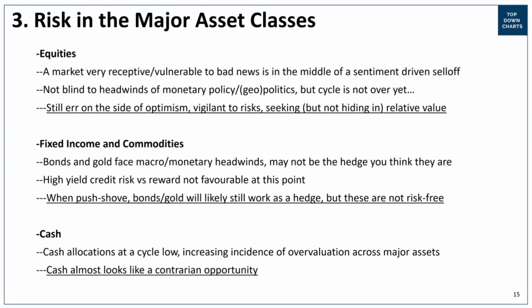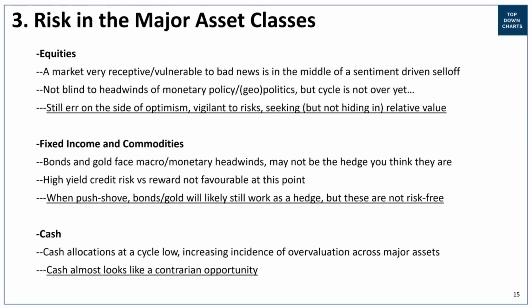And cash kind of looks like a contrarian opportunity, but again, this squeezing the last part out of the cycle, it sounds like it may only be a small part, but it could actually still be quite substantial. Some people are quite willing to have more certainty of capital and be okay with missing out.